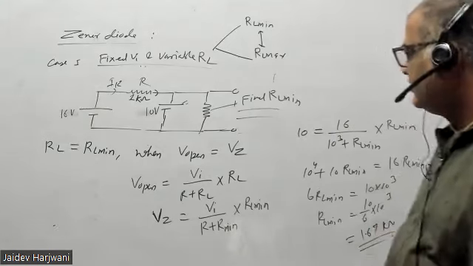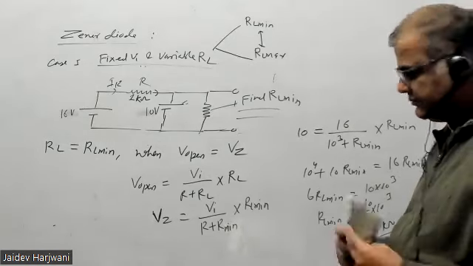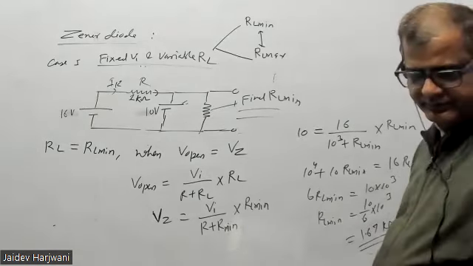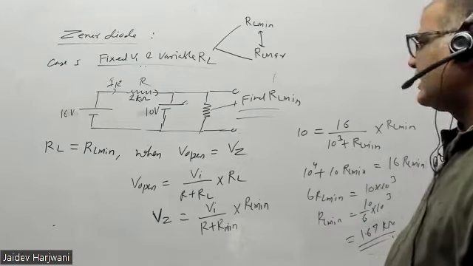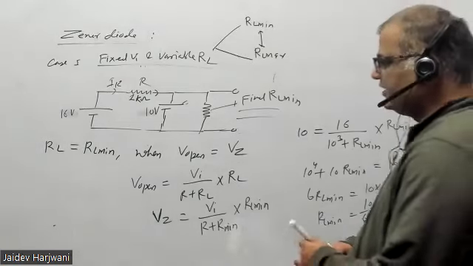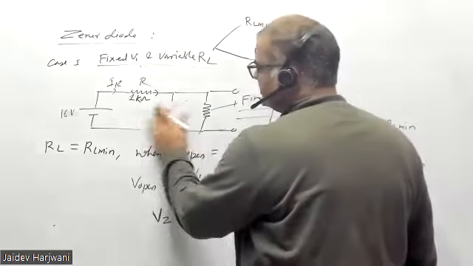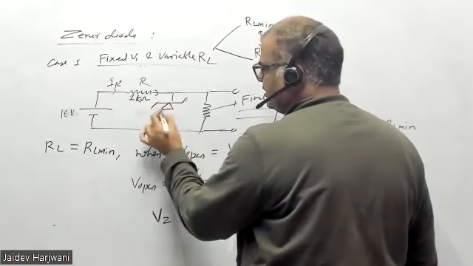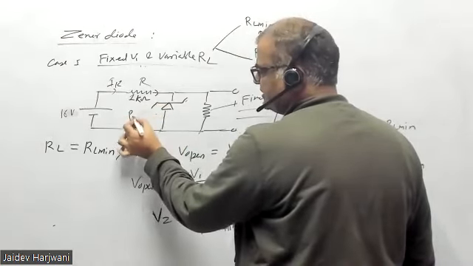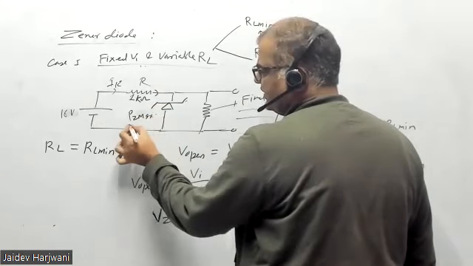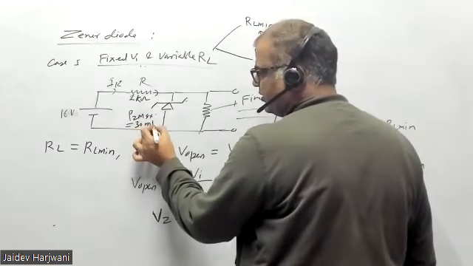Can you find what is RL max now? Okay, so for RL max, what is it? I already gave it here. PZ max was given how much for this Zener diode? PZ max was given 30 milliwatt.